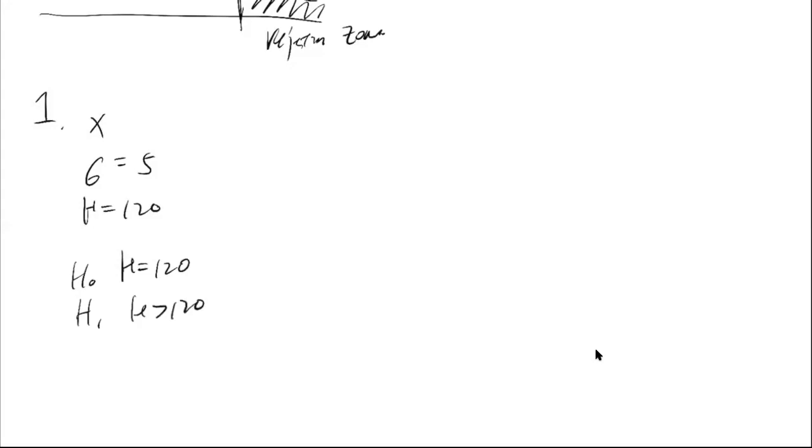The question is saying that we want to check whether the patient has high blood pressure or not. If we cannot reject our null hypothesis, the patient's blood pressure is normal.